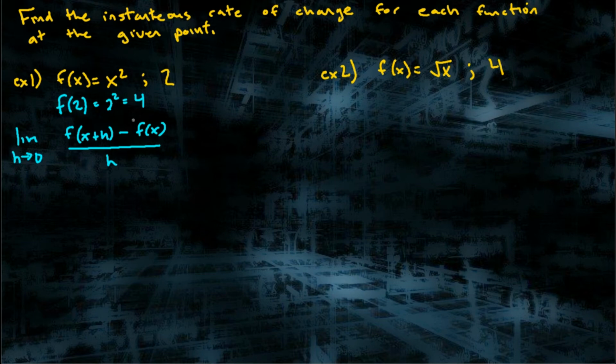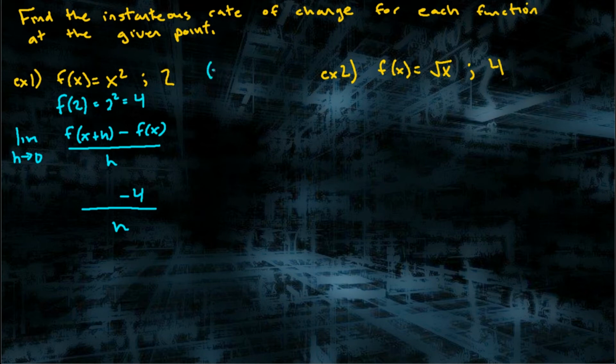So, all right, I know f of 2 is 4. So this piece right here is a 4. So I'm going to put that in all over h. Okay, and I'm going to put x plus h into this function. So I'll do that right here.